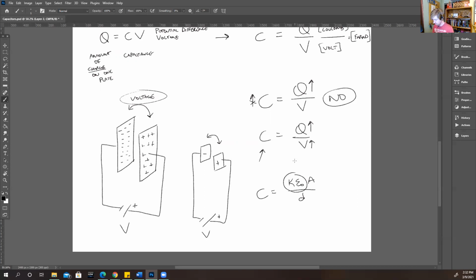How well can it hold it? The other factors in here, A, that's the area. How big are these capacitors? And D, that's the distance between them.